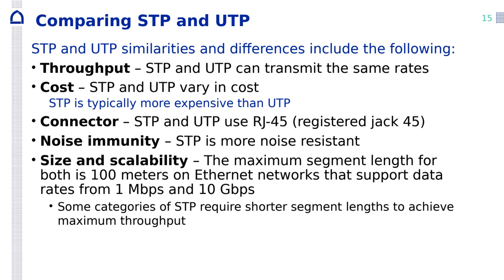Noise immunity, of course, STP is more noise resistant. Size and scalability, the maximum length for both is 100 meters. However, some categories of STP require shorter segment lengths to achieve maximum throughput. So you have to know this comparison. Sometimes it comes in the assessments.